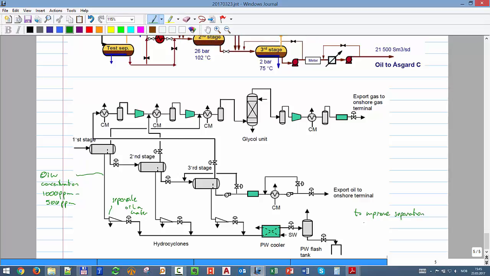Okay, sometimes, to improve separation, we can also have what is called a flotation unit, also called induced gas flotation.